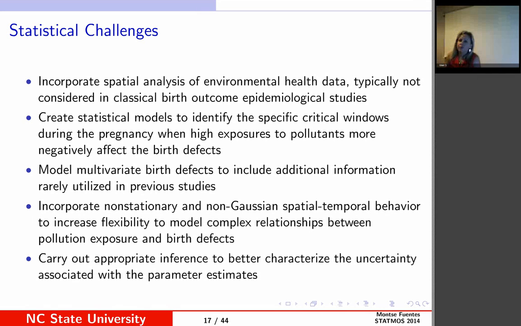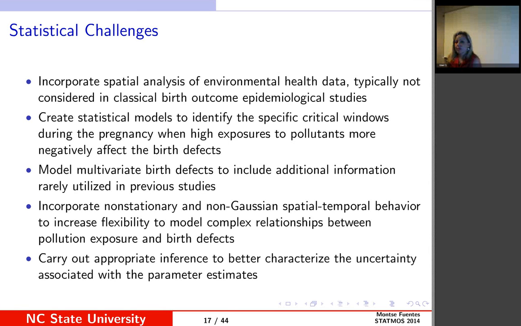And we want to be able to make inference, not just with regard to aggregated exposure throughout the pregnancy. That's not very meaningful in trying to identify what are the critical times throughout the pregnancy that will be more impactful to the exposure to a particular pollutant. So we really want to be able to make inference about specific times throughout the pregnancy where those exposures would have more of an adverse impact.